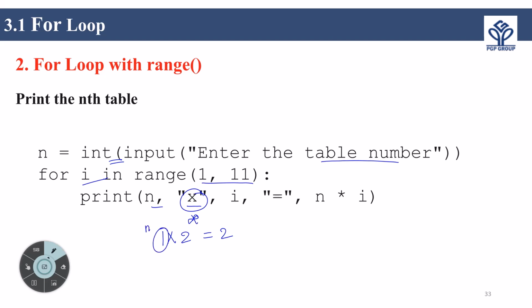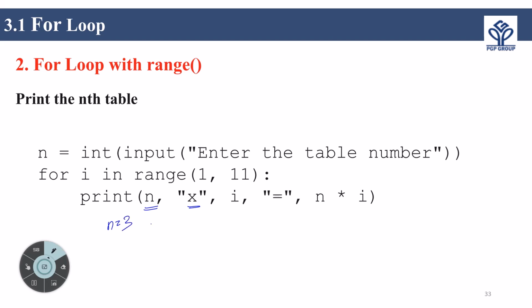So what is our n value? 1. The i value is incremented, correct? This one is the i value, this one is the n value, and then 2 is the answer. Now we assign n is equal to the table number 3.